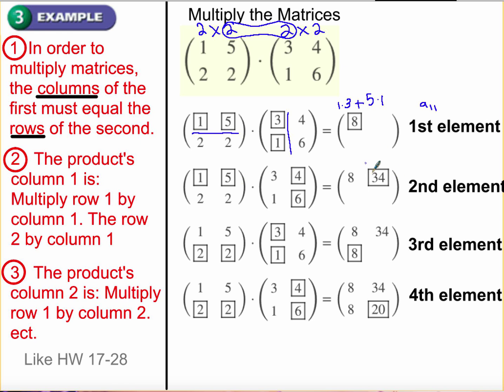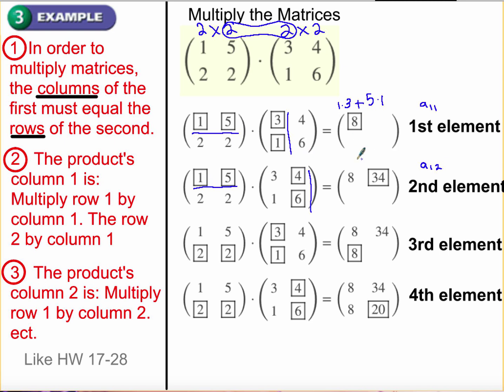So now we're going to find the second element. The second element is in my first row, but it's in the second column, right? So this tells me what I'm going to be multiplying. I'm going to multiply the first row times the second column. Here we go. Element 1 times element 1.